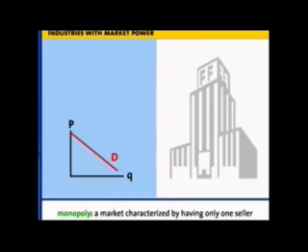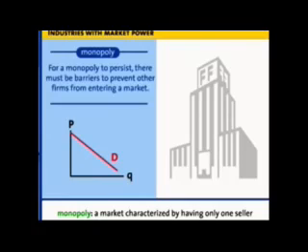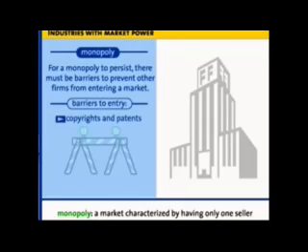So how do you get in the enviable position of being a monopolist and having sole control over a market? Well, for a monopoly to persist, it takes barriers to entry. Barriers to entry are any things that keep other competitors out of this market. One barrier to entry could be a copyright or a patent, a drug company that has sole right to produce and sell a particular pharmaceutical, or a movie studio that has sole rights over the distribution of a film.